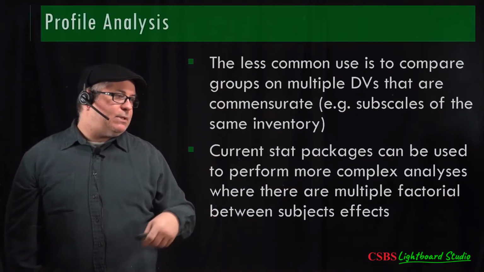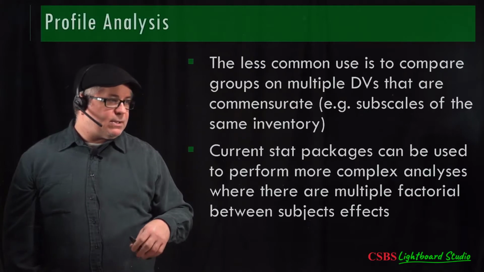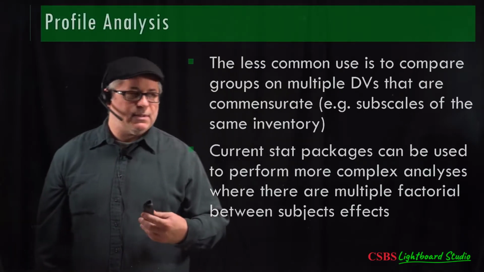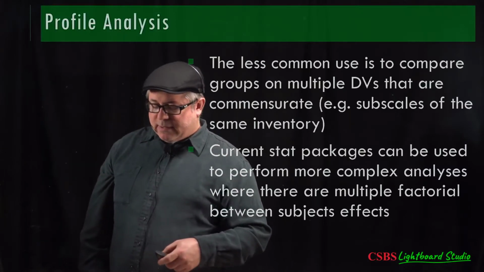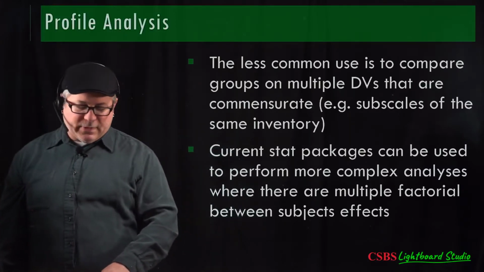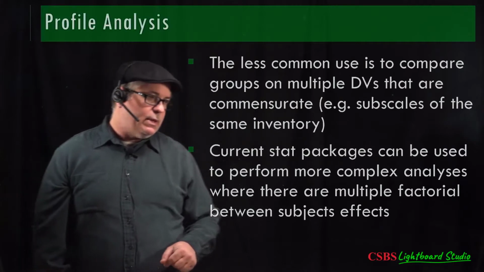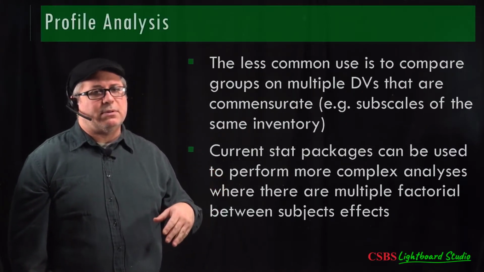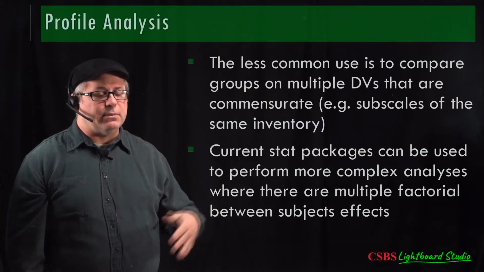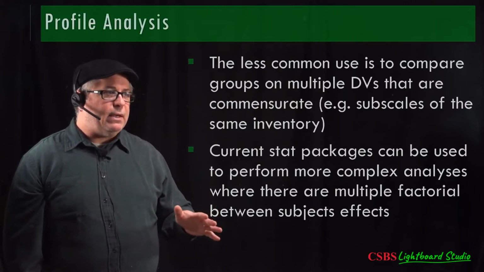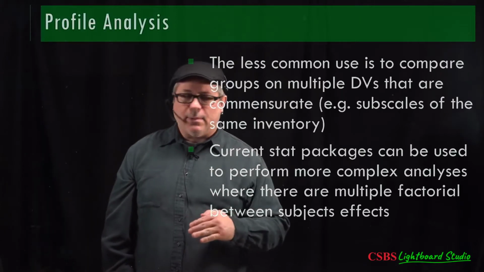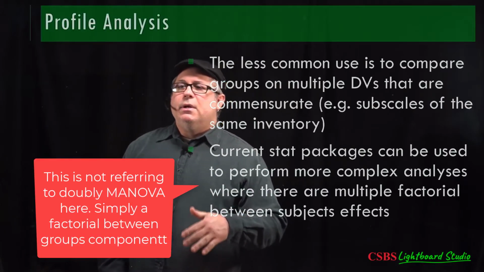All right. Current stat packages can be used to perform more complex analyses where there are multiple factorial between subject effects. This is what I mentioned at the end of the last lecture, one of the things I took out of this lecture to cut some things out. At the very end of your slides from GitHub, there is a section on doubly MANOVA.